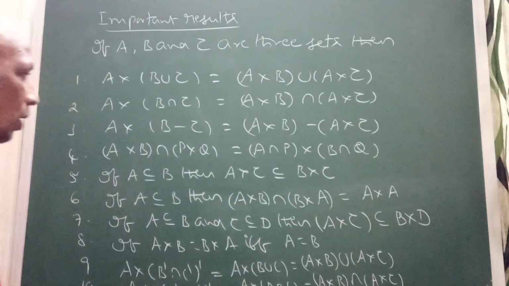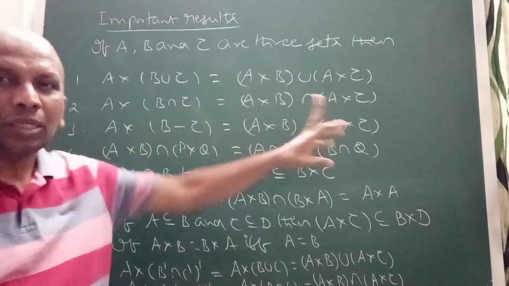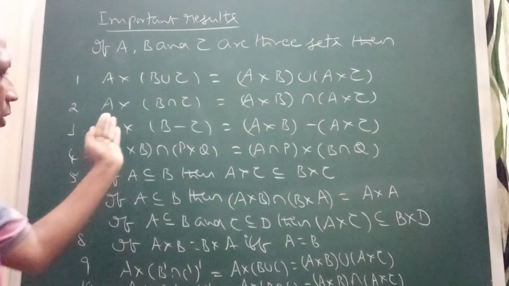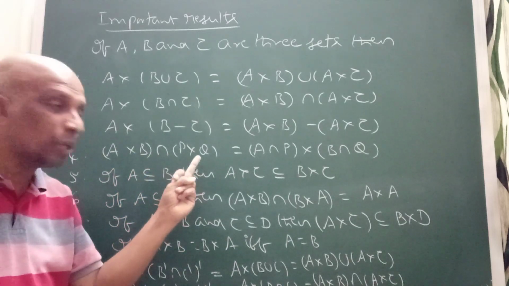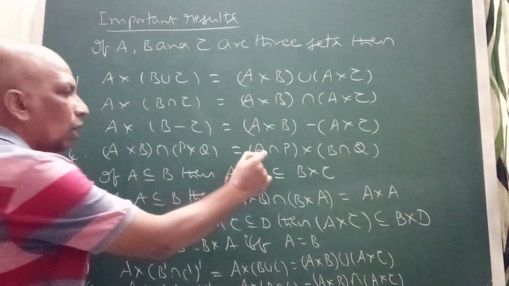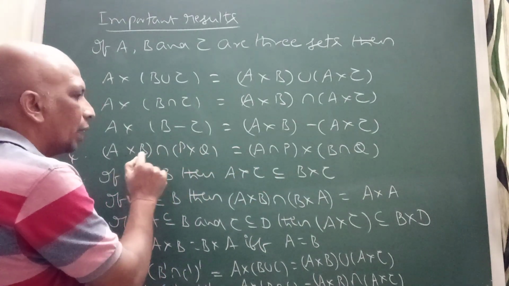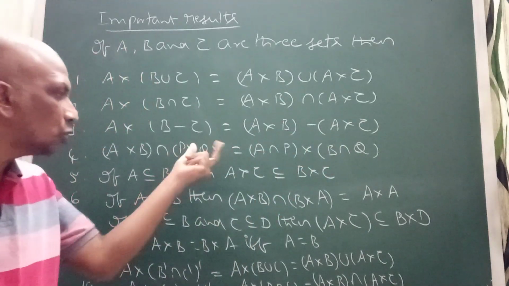Remember this result. If you use the difference of two sets, A cross (B minus C), I can expand this cross product. Even (A cross B) intersection (P cross Q) equals (A intersection P) cross (B intersection Q). Always this result is true.